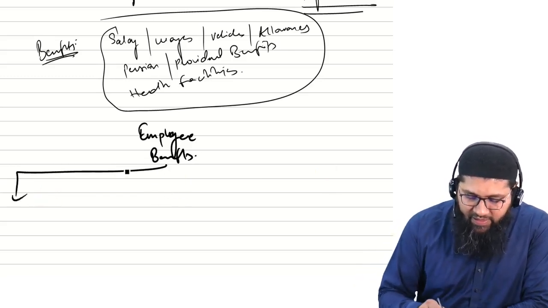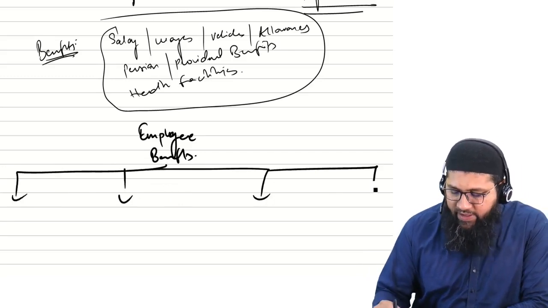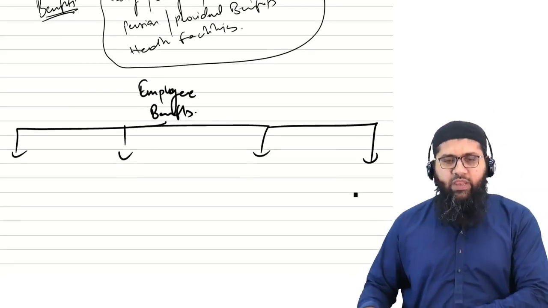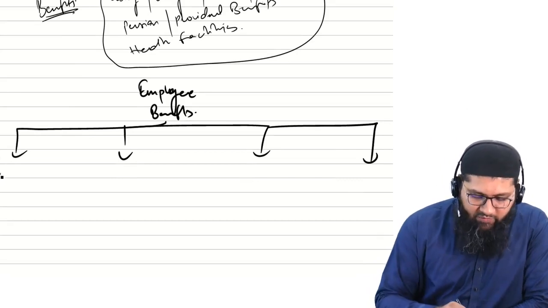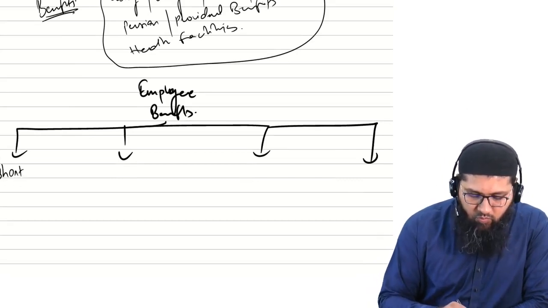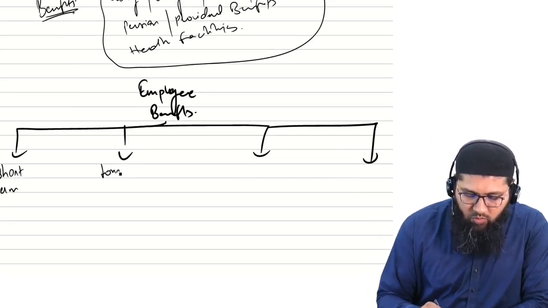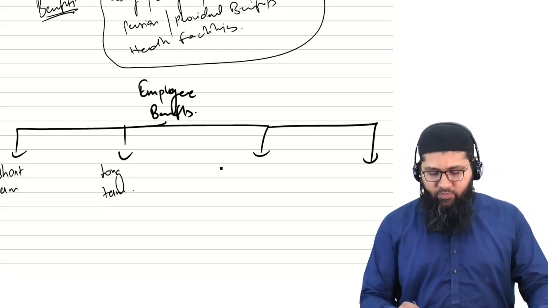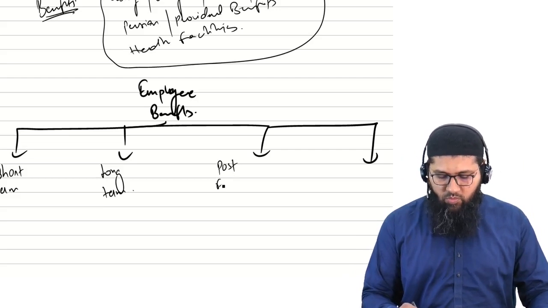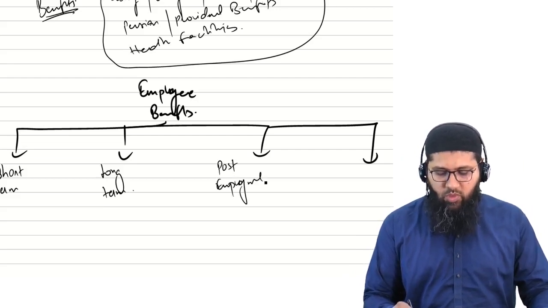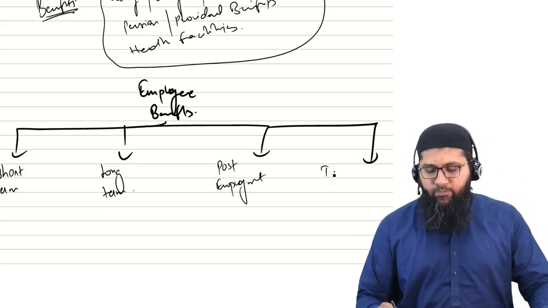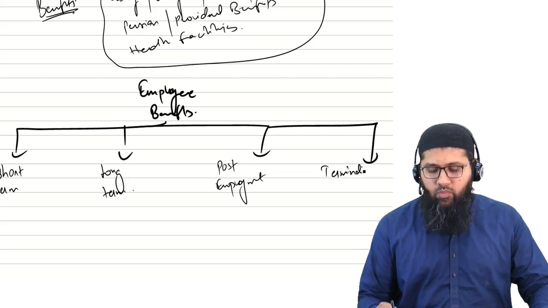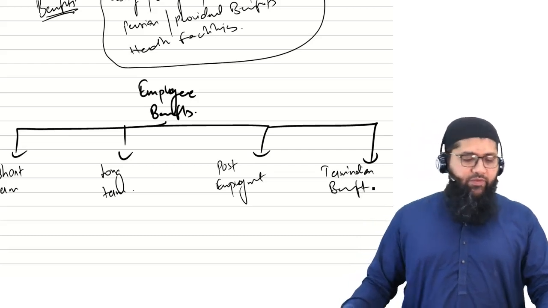The 4 headings include the short-term employee benefit, the long-term employee benefit, the post-employment benefit, and the termination benefit.